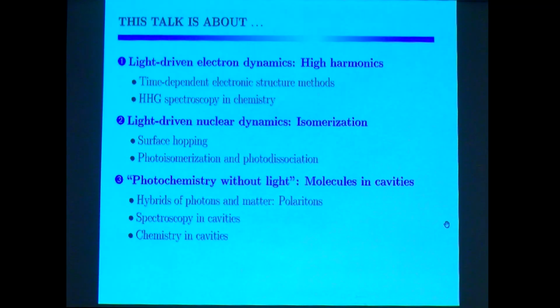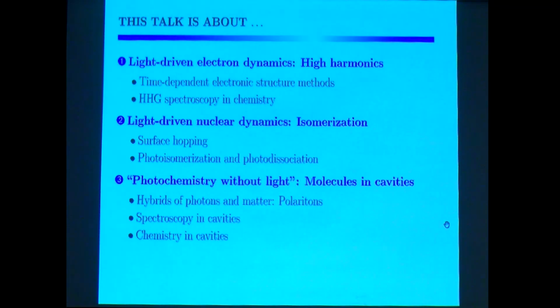The second example is then already really related to photochemistry of real molecules. In particular, I will be speaking about photoisomerization of molecules in constrained environments. And the third one is a topic we became interested in more recently. I sometimes call this photochemistry without light, because we have photons, but not propagating photons.